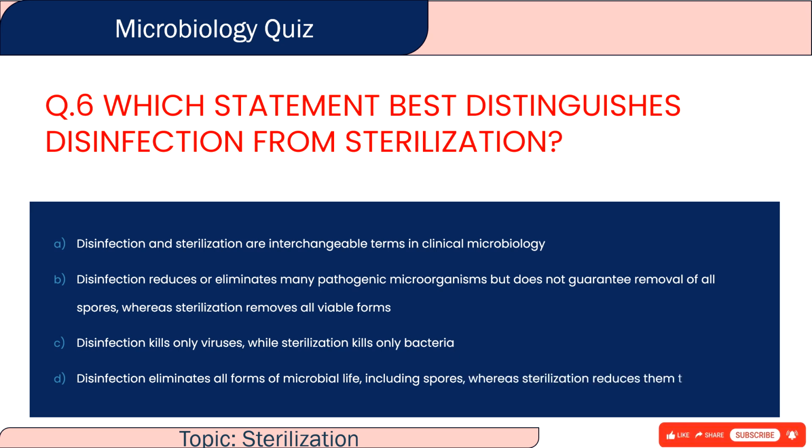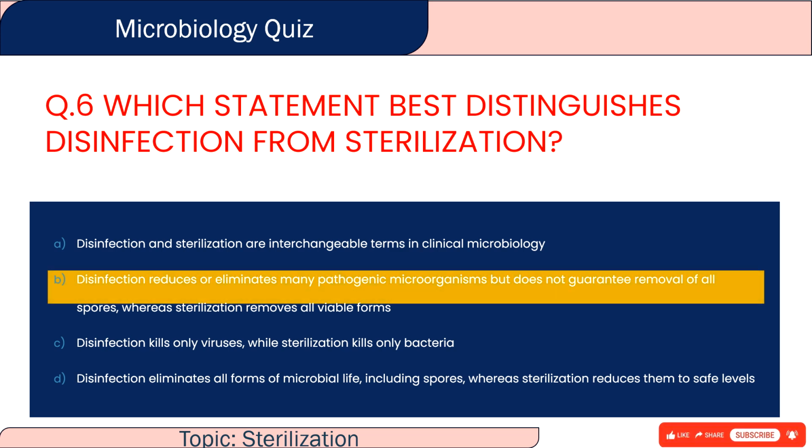C. Disinfection kills only viruses while sterilization kills only bacteria. D. Disinfection eliminates all forms of microbial life, including spores, whereas sterilization reduces them to safe levels. Answer is B.